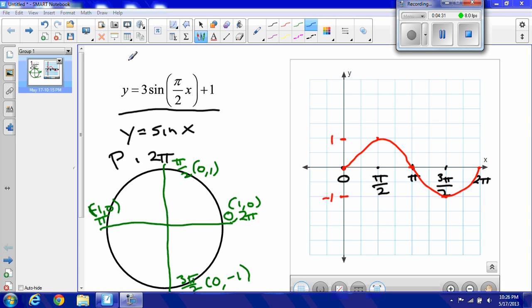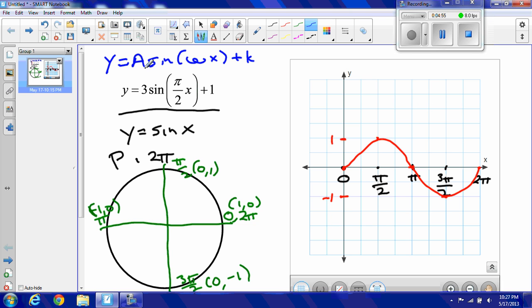So now if I'm transforming this, my transformations at this stage take the form of y equals a sine omega x plus k.